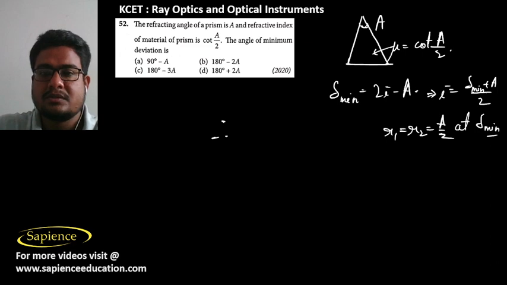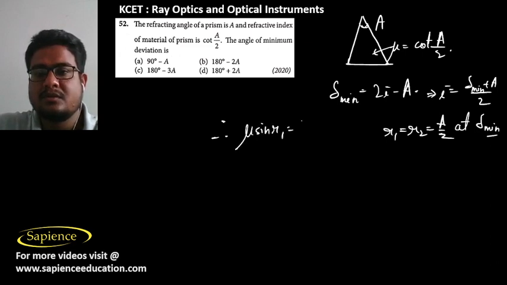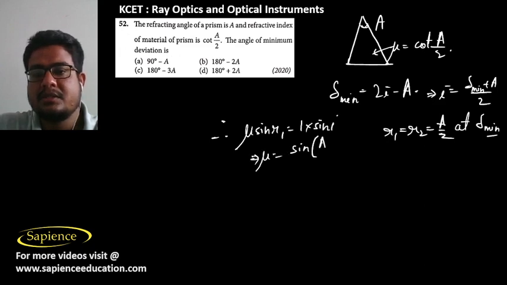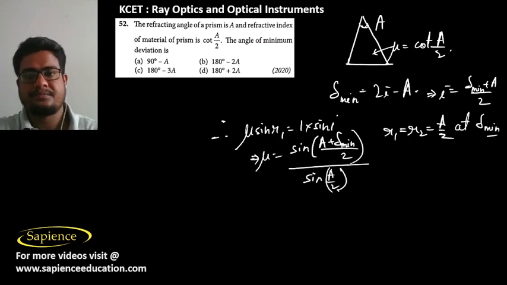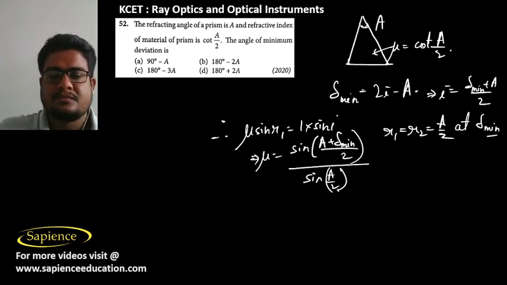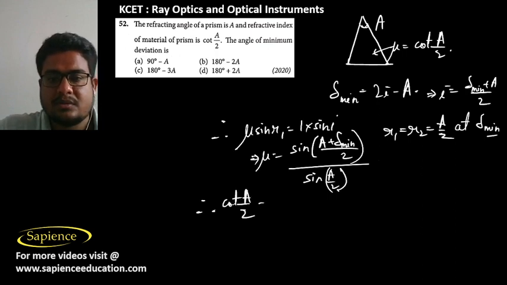So therefore we can say that mu sine r1 is equal to 1 into sine i. Therefore, mu will be equal to sine i, that is sine of (A plus delta) by 2, divided by sine of r1, sine A by 2. So therefore here the refractive index is given as cot A by 2, that is equal to sine (A plus delta minimum).